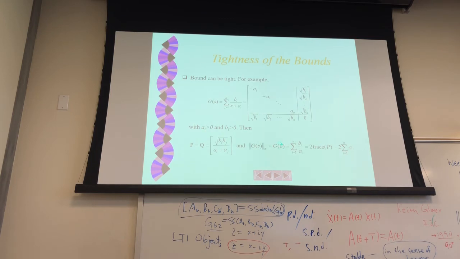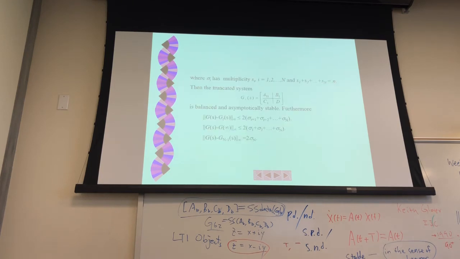So DC gain, the amplitude gain. So remember, the infinity norm of G(s) is G0 plus 2 times all the sigmas added together. Let me go back and check out the result. This one is here.